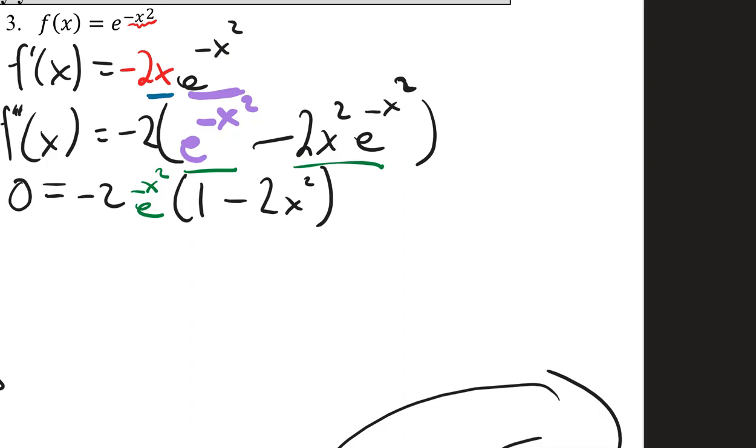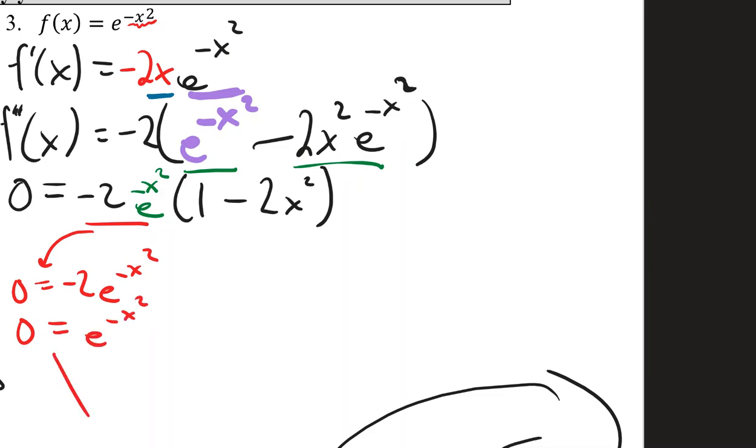So I can set this factor equal to 0 and solve. And that never happens. The next closest you could do is take the log of both sides, but you can't take the log of 0. So this side never happens. But over here, this does happen.